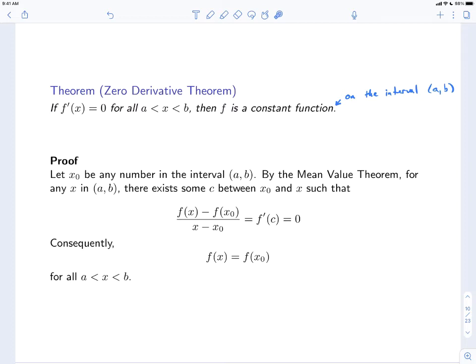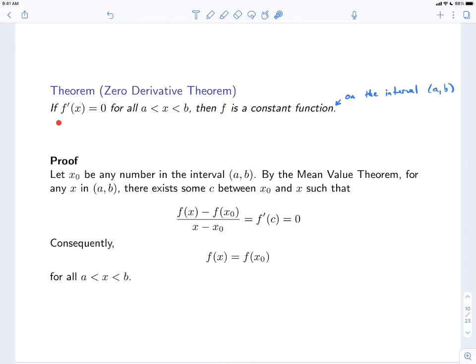Okay, the proof is quite straightforward. Just pick any x0 in this interval. Then by the mean value theorem, for any other x in that same interval, there exists some c between the two, x0 and x, such that this quotient, f at x minus f at x0 divided by x minus x0, is equal to the derivative.